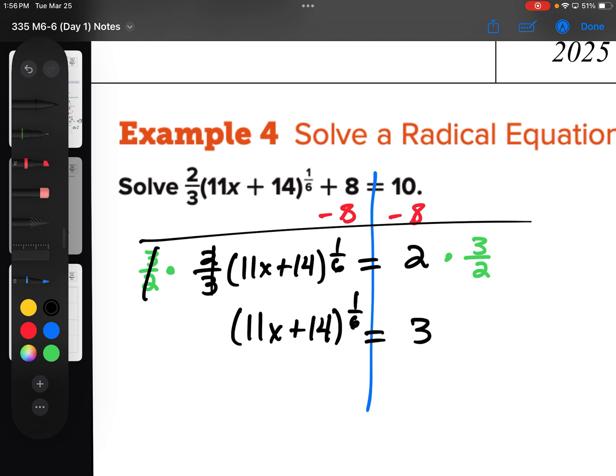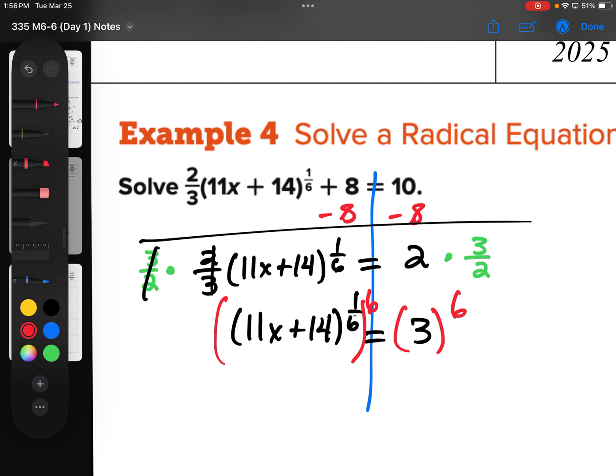Next step, people in the room, what do we do? Well, it's 1/6 now, so how do you get rid of 1/6? How would you make this a power of 1? You multiply by 6. Correct. Not multiply.